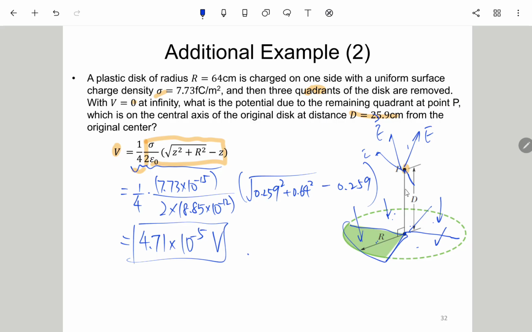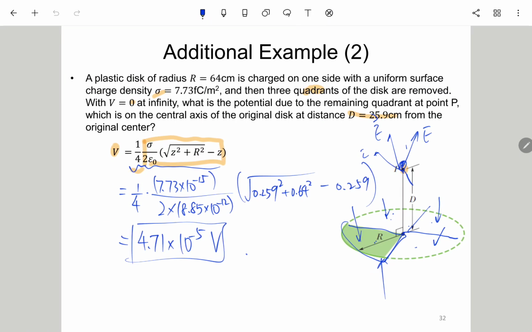Of course, you can try to use the definition of the derivative, but that gives only a point, not the whole axis. So calculating the E field at this point is not that easy. Okay, so here we finish.